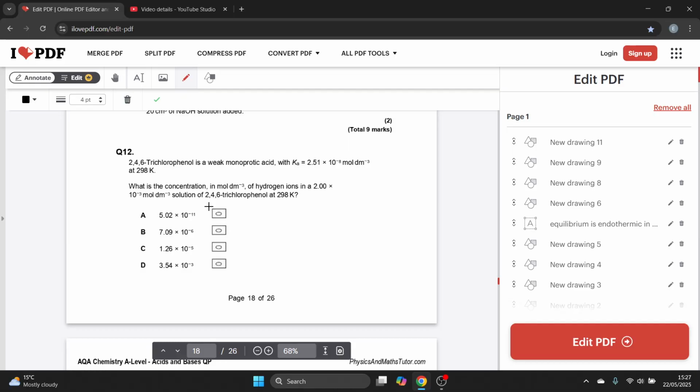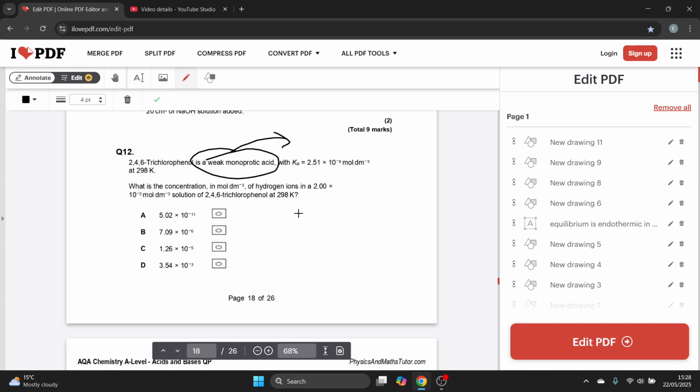With Ka this, what is the concentration of hydrogen ions in this much solution? So it's a weak acid. Okay, the main thing that gives it away is the weak acid.